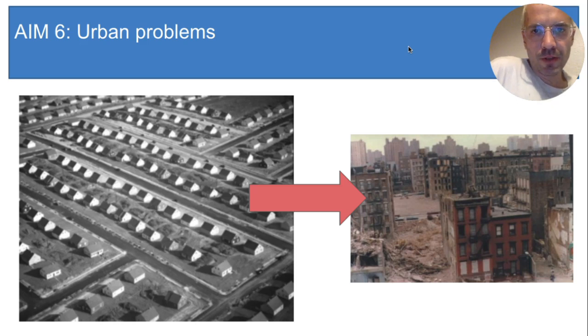The final cause of urban decay is suburbanization and the loss of tax revenues in the city. When white Americans left cities and moved to the suburbs, they stopped paying taxes to the city. All their local taxes now went to their suburb, not to the city.